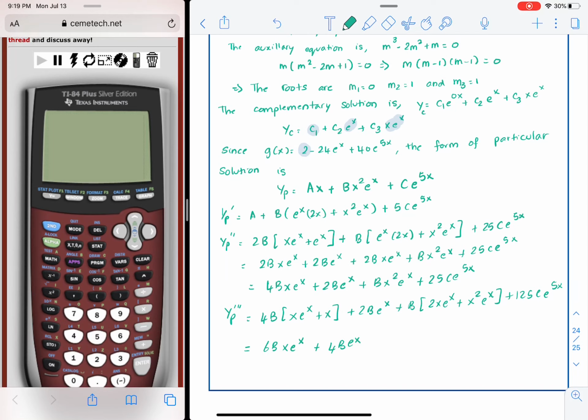It's not just x, it should be e raised x. Plus 2b e raised x plus b x squared e raised x plus 125c e raised 5x. Combine a few terms, I'd end up having 6b x e raised x plus 6b e raised x plus b x squared e raised x plus 125c e raised 5x.